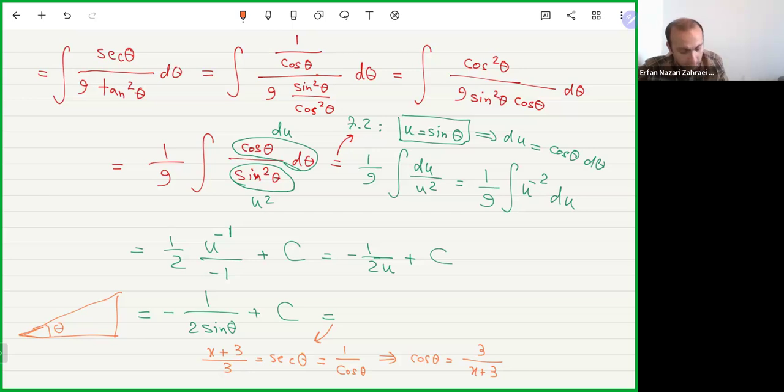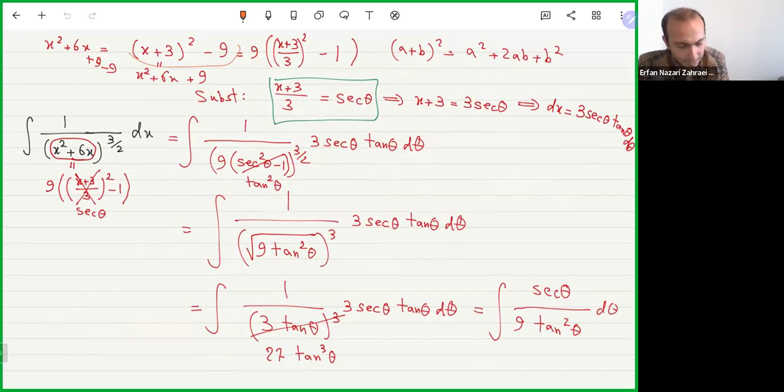What is cos in a right angle triangle? It's adjacent over hypotenuse. So if this is adjacent, hypotenuse is x plus 3. Now, what would be this side? This side is root of x plus 3 squared minus 3 squared, which is 9.